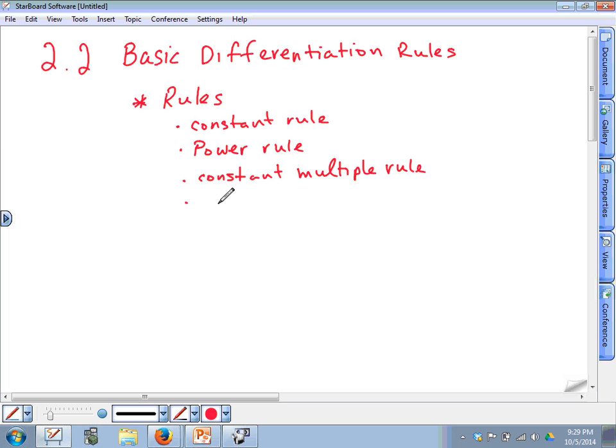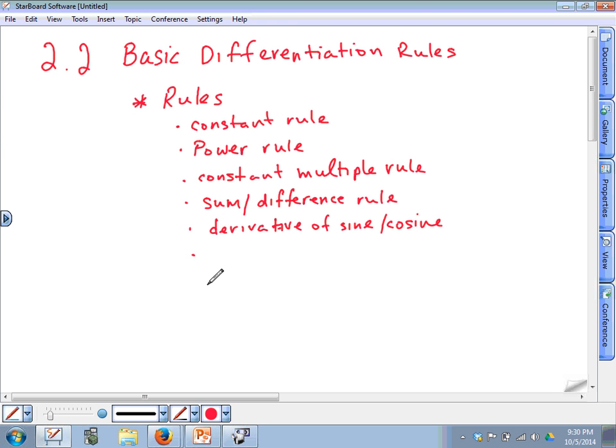And some difference rule. You talk about the derivative of sine and cosine.